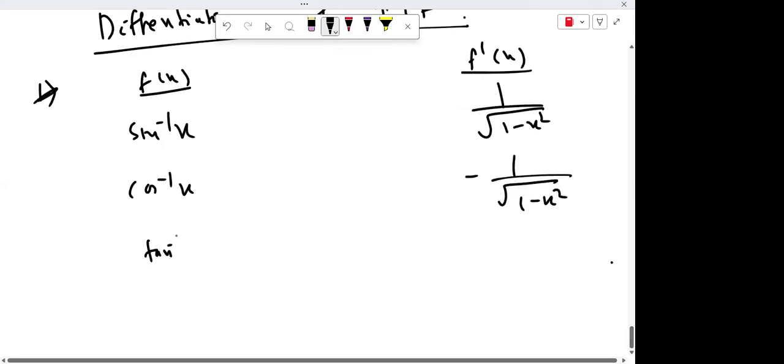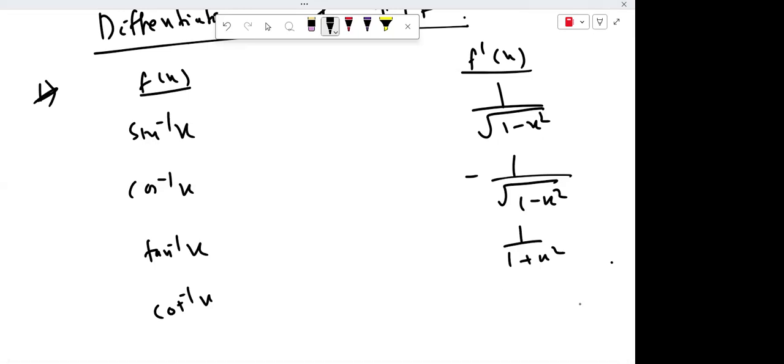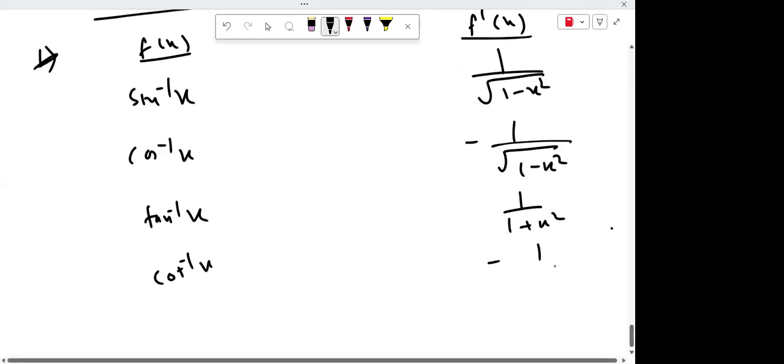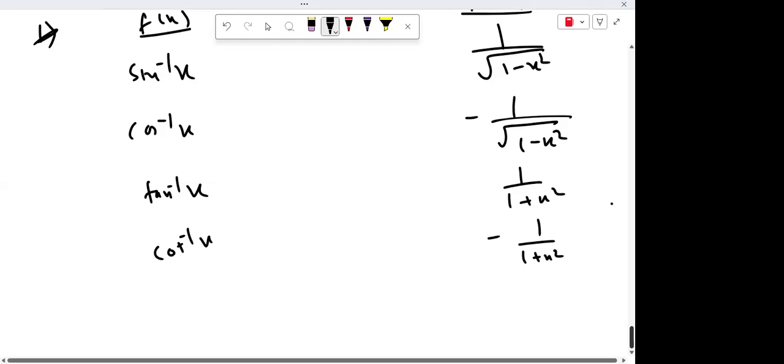Tan inverse x: 1 by 1 plus x². Cot inverse x: minus 1 by 1 plus x². Very good.